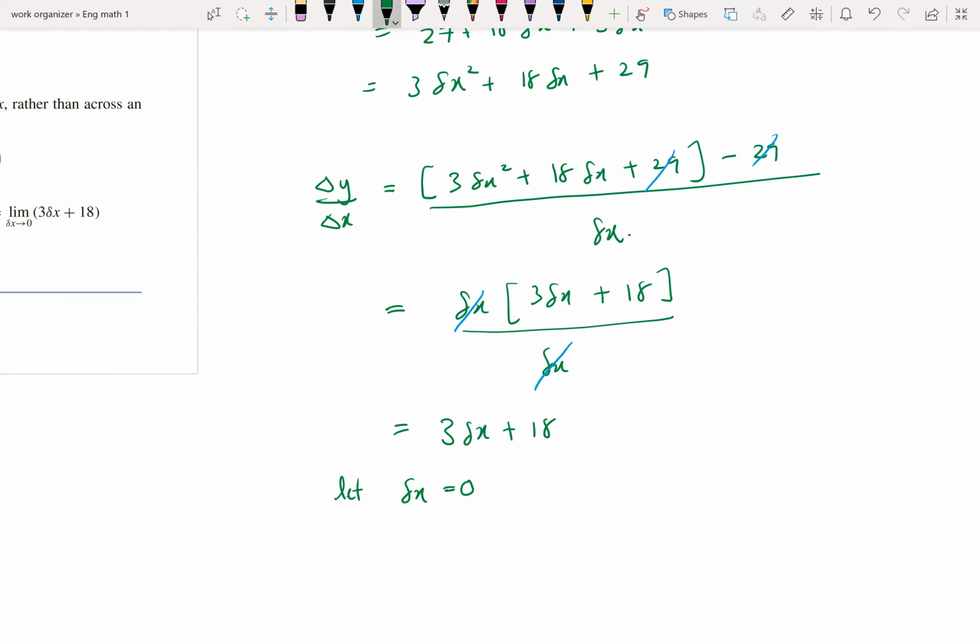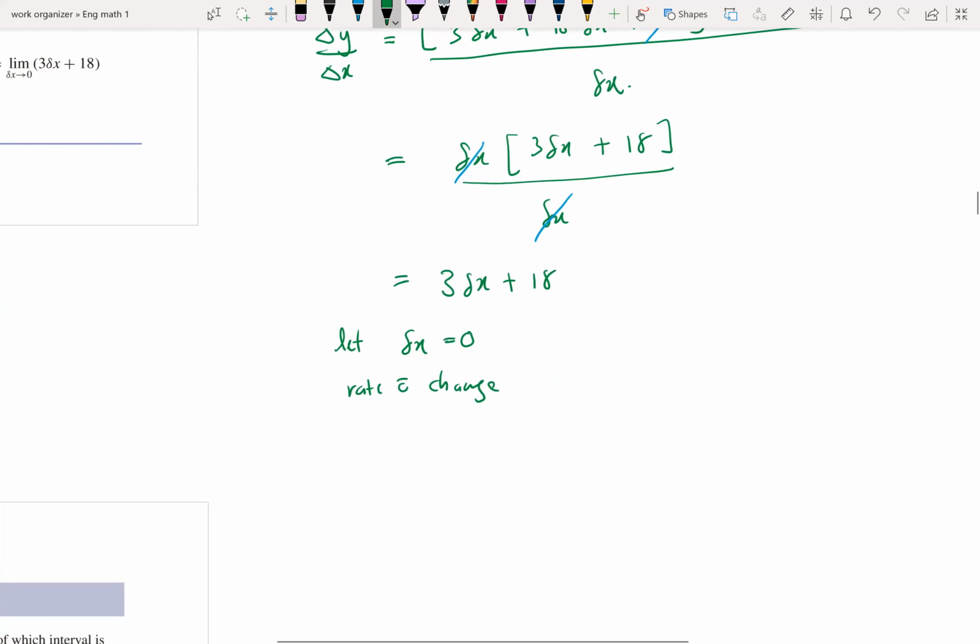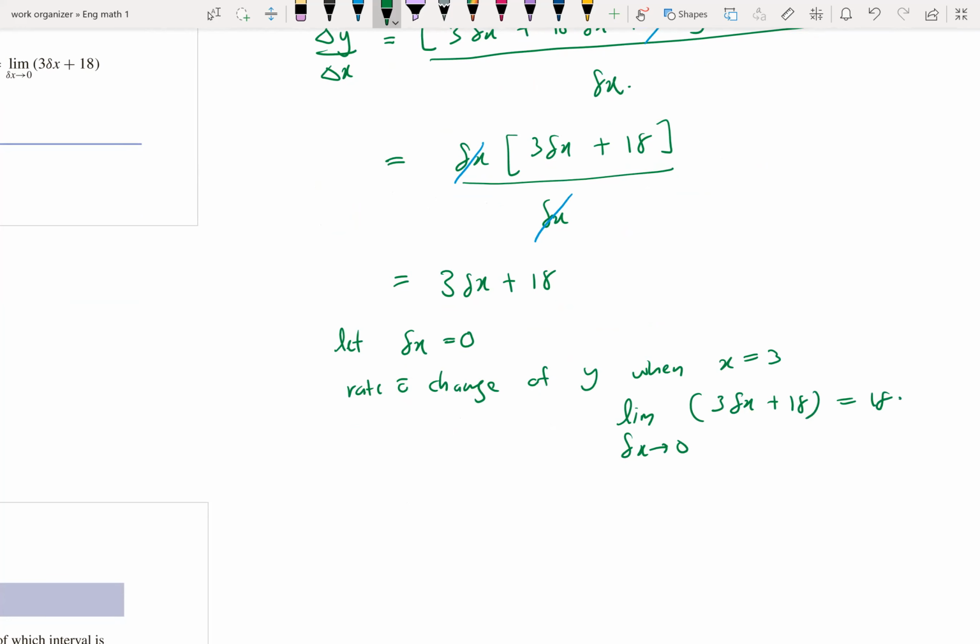Therefore the rate of change of y when x equals 3, we can write down the function here: 18 is equal to 18.